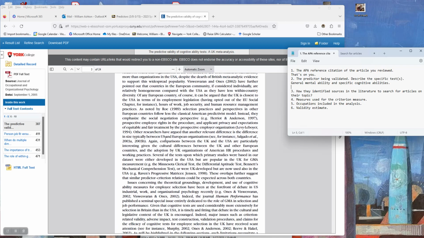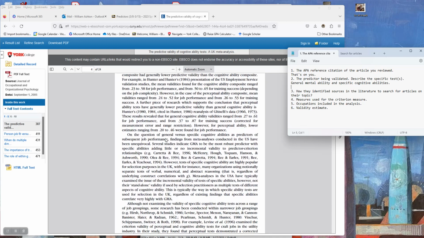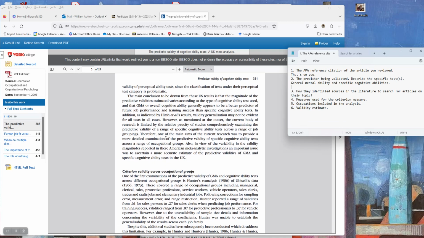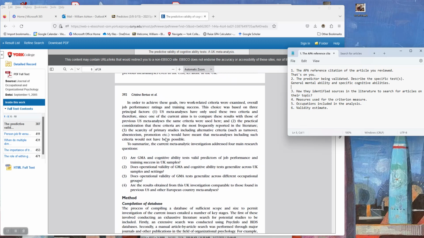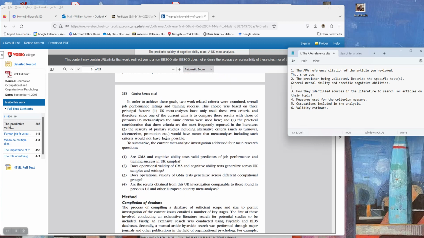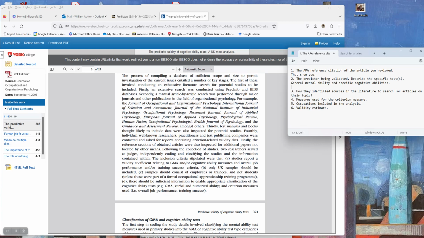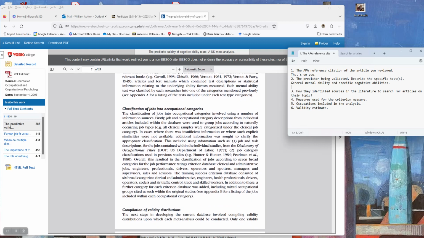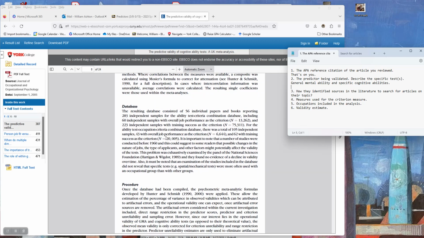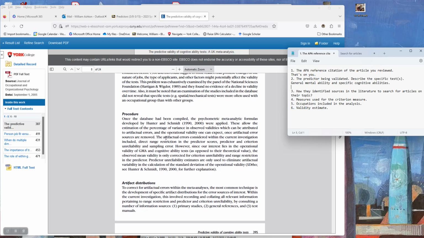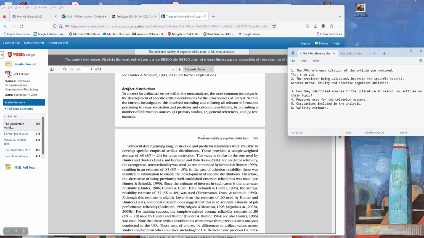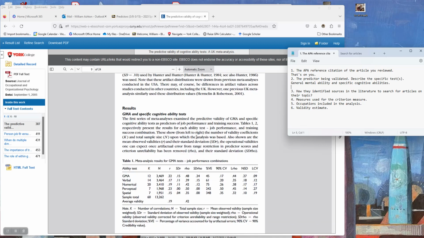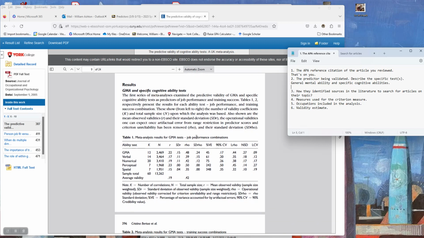And so going over the literature review, which is really not important to us because we're more concerned about the results of this experiment. And the procedure, blah, blah, blah. Nope. Okay, so here we go.